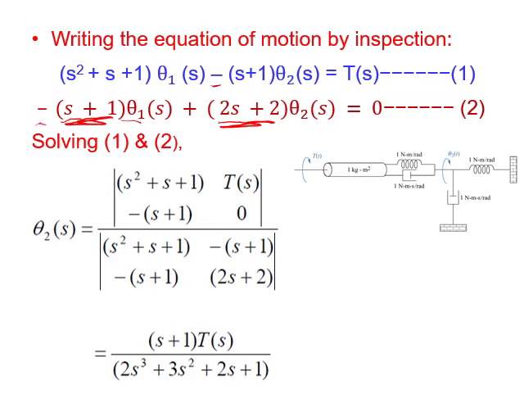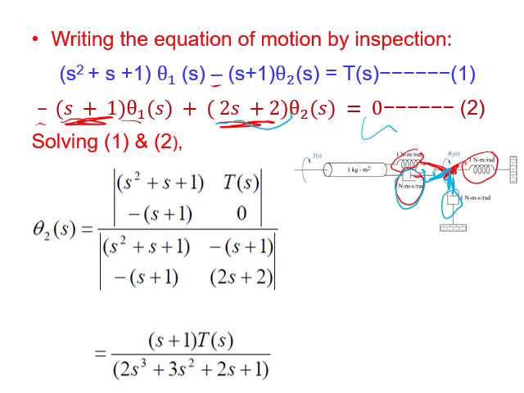Let us check here. We have 2s plus 2, because we are having here 1 and here 1. They are connected to theta 2. If you notice, this is connected. And here also we have S and S. They are connected to theta 2. That's why we found by the end of the day it's 2s plus 2 equal to the total torques. No torques applied there, so it's equal to 0.